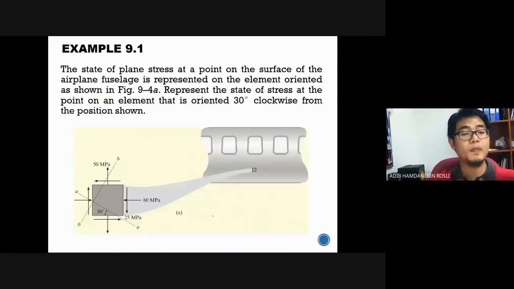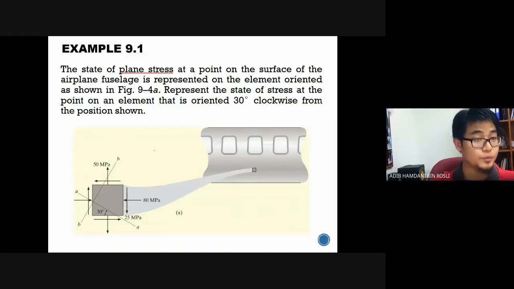Now we go to the example where we want to rotate the element using this method. For instance, you have this airplane fuselage, and you have a point over here. You take out this point and represent it as plane stress, with 80 megapascal, 50 megapascal and 25 megapascal.